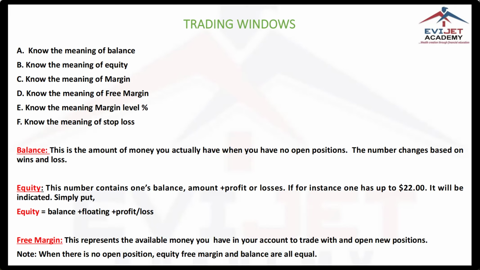Now, what do we call floating amount? It is called floating profit and loss. When you are in a trade, your trade has not closed. It's still running. Whether it's in profit or loss, that is what it's called, floating profit and loss. Okay?